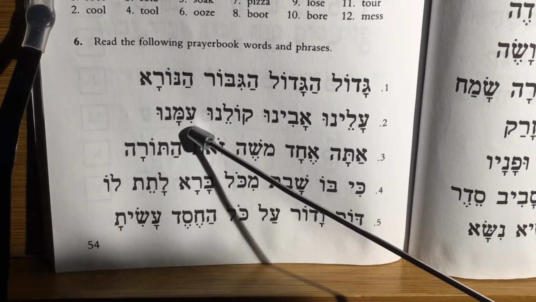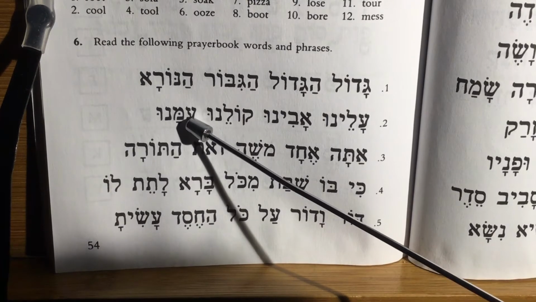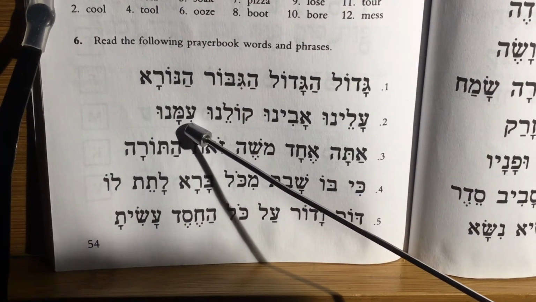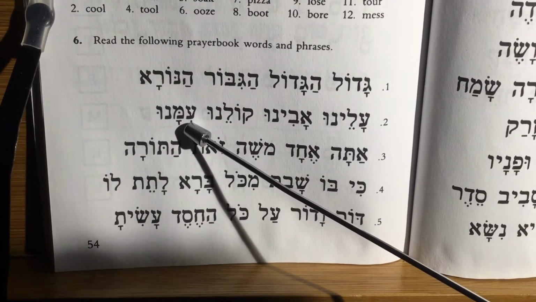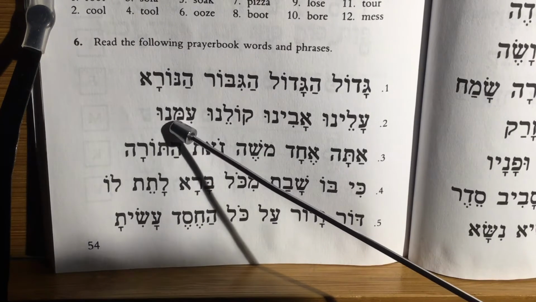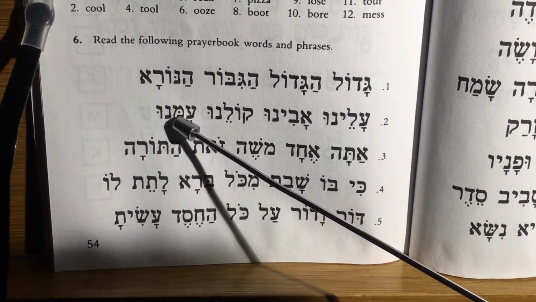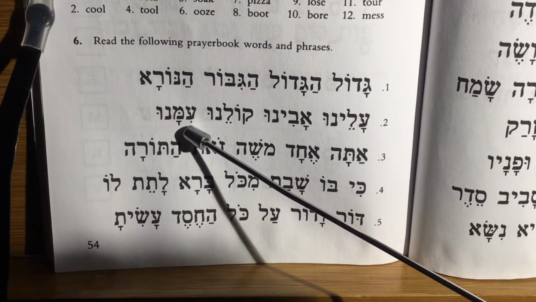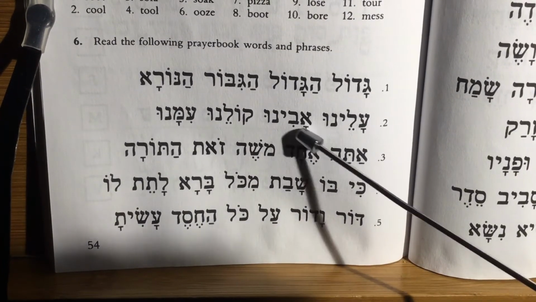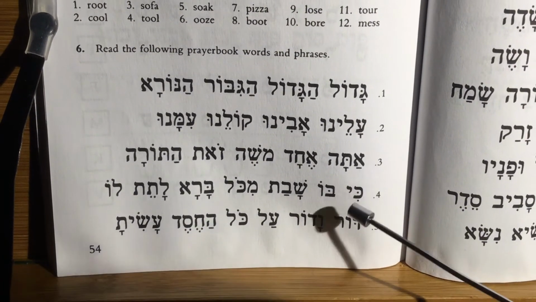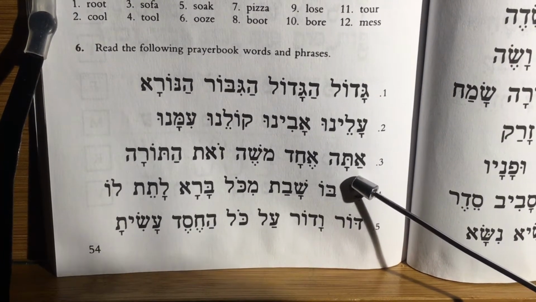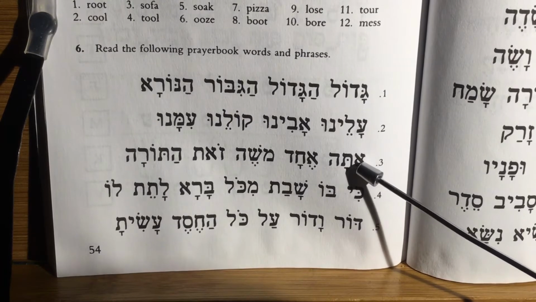And then here's the ayin again, but it has an I-class vowel this time. So I will say im, because I had to borrow this dagesh. So it'll be im-manu, and then we go on.